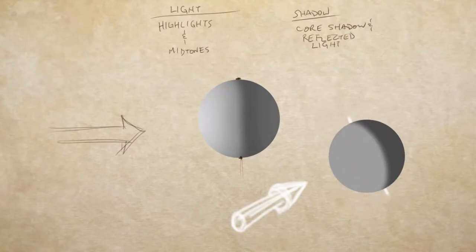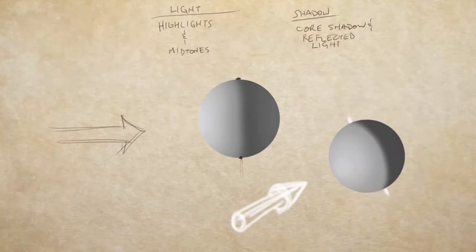So now we have the midtone, we can get the highlight, and again, the lightest part is going to be within this sphere. It's not going to be right on that edge. So start at the lightest part and sort of blend outward. And then we can get some reflected light.